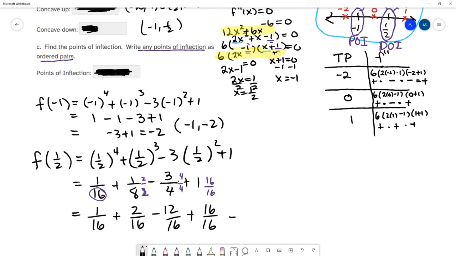So we've got 1 plus 2 is 3, minus 12 would be -9, and -9 plus 16 would give me 7/16. So my other point of inflection would be 1/2 and 7/16.